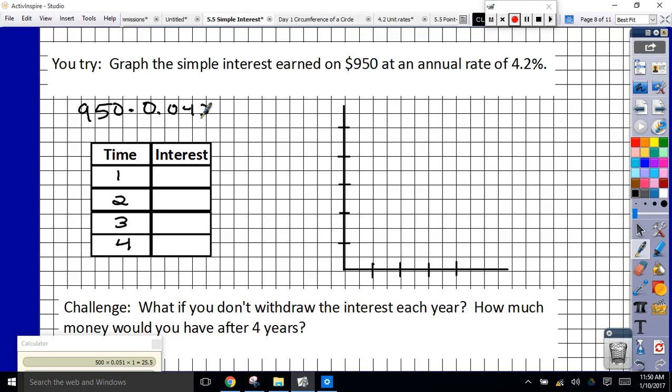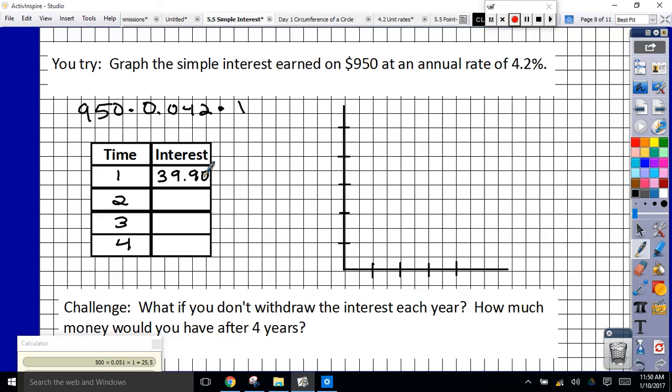Good. Okay, so if I'm using the formula, principal times rate times time, I should put a times 1 in there. But you don't really need it because when you multiply times 1. So what did you get as your interest for the first one? $39.90. Good.